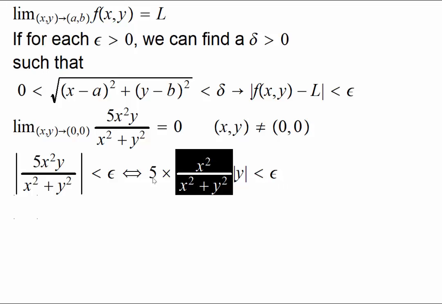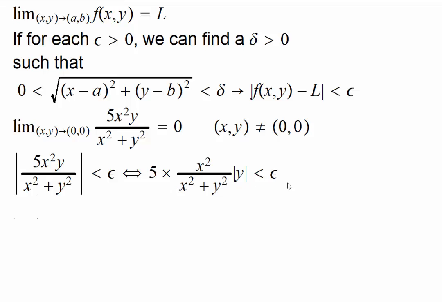This quantity 5y will be greater than this quantity, 5 times the absolute value of y, I mean. So what we get here is that we can drop x squared plus y squared, because that is less than or equal to 1, and we can get this.